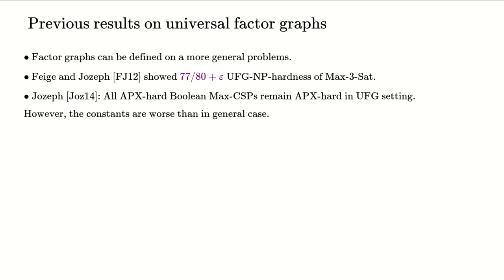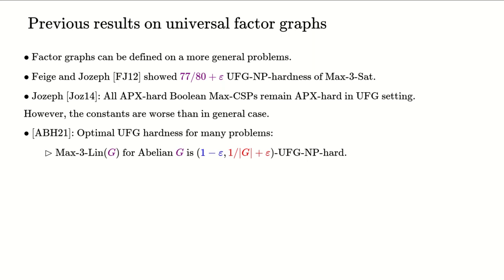An elegant result of Austrin, Brakensiek, and Håstad gives us optimal hardness for many problems, including Max-3-Lin over abelian G. That is, this problem is (1 minus epsilon, 1 divided by size of G) UFG NP-hard. Max-3-Sat is (1, 7 divided by 8 plus epsilon) universal factor graph NP-hard.